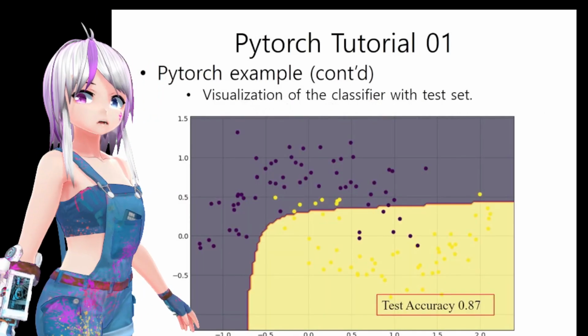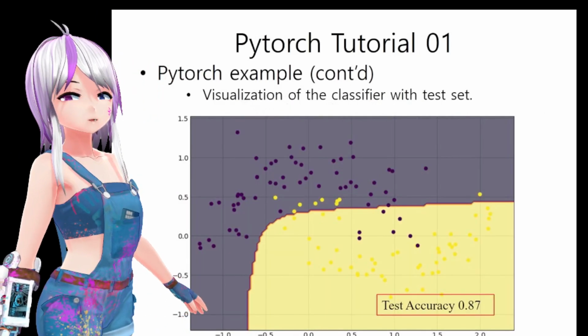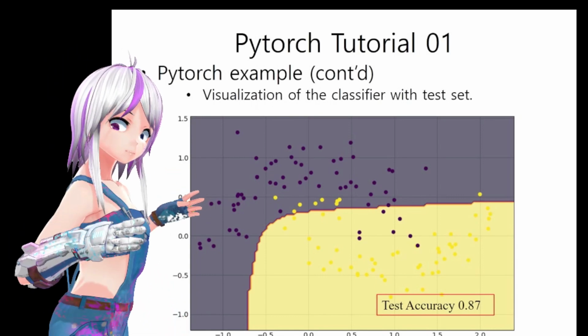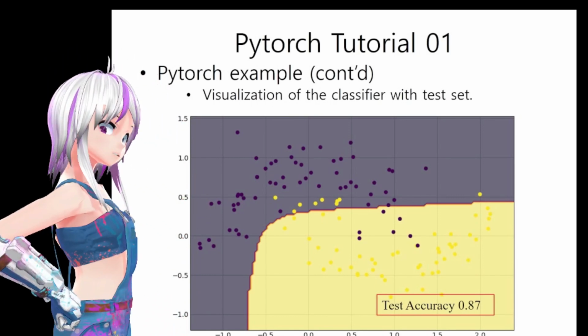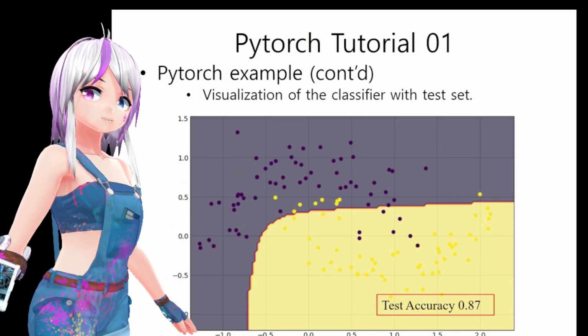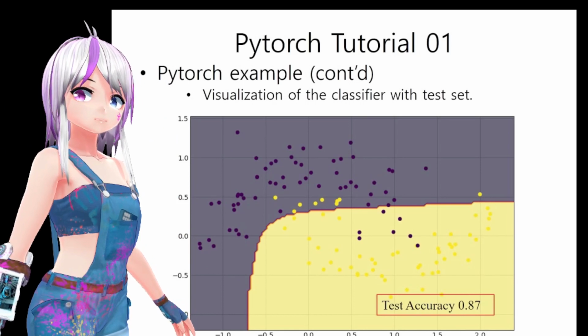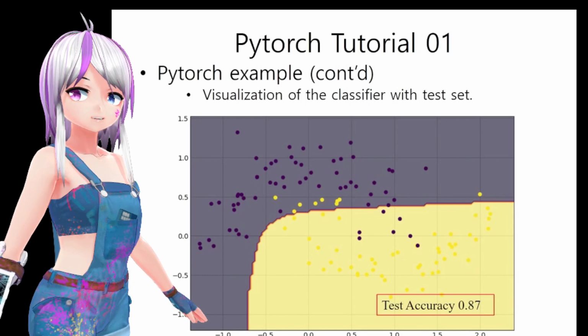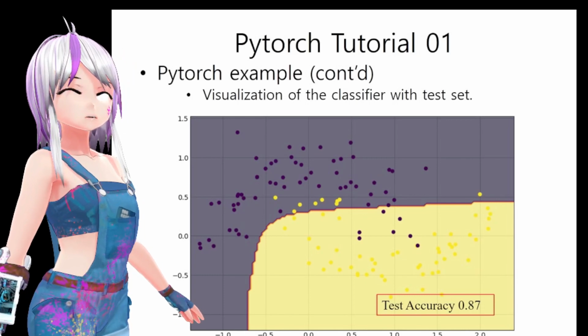Okay, this is a visualization of the classifier with the test set. We apply the test set, and in this case we get an accuracy of 0.87. So here, take a look at the purple dots and yellow dots.